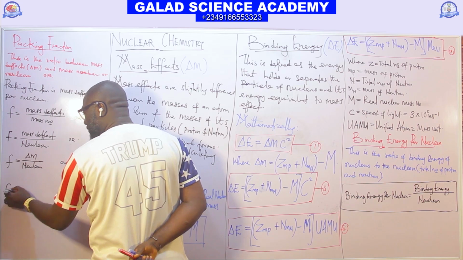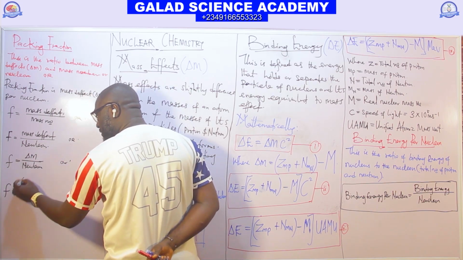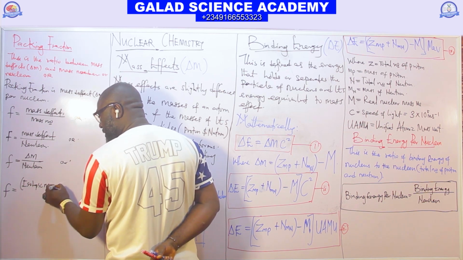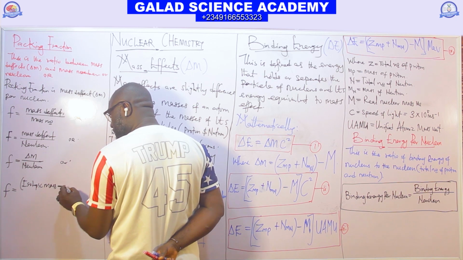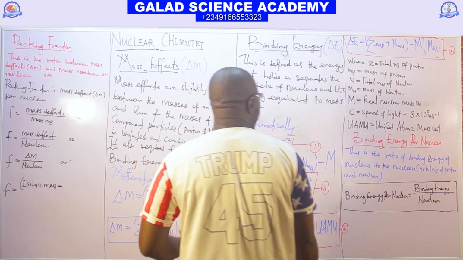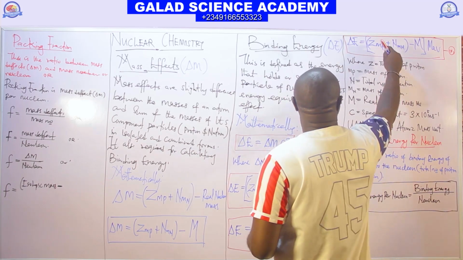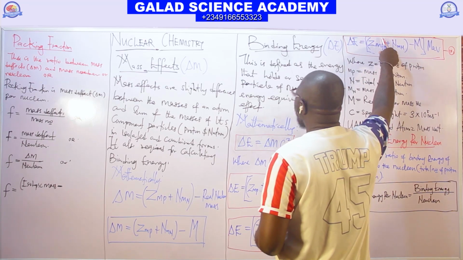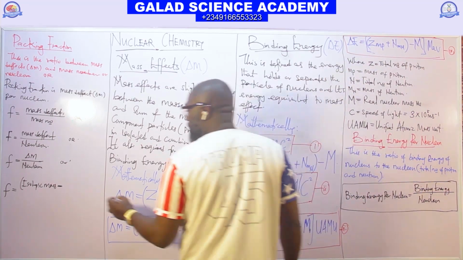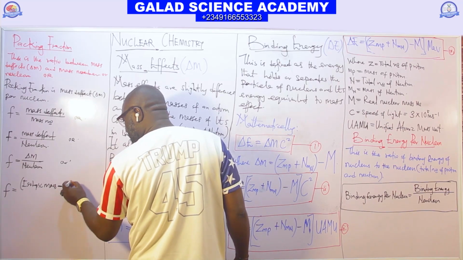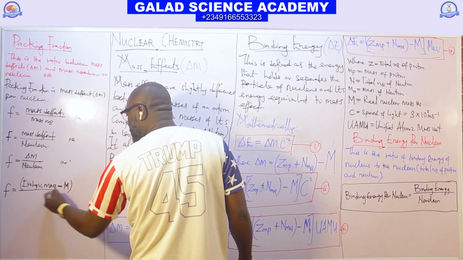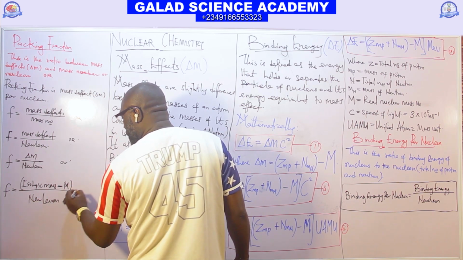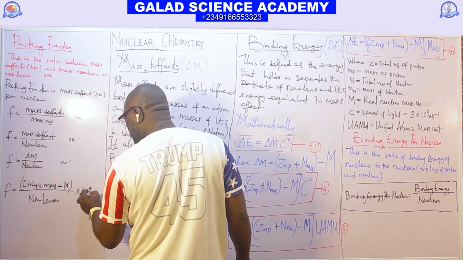Finally, for the packing fraction, this mass defect is isotopic mass minus the isotopic mass. We can also call it atomic mass minus real atomic mass M, everything over nucleon, multiplied by 10 raised to the power 4.